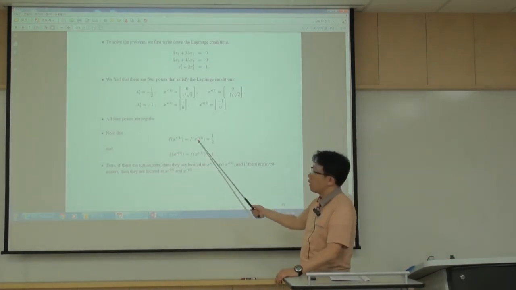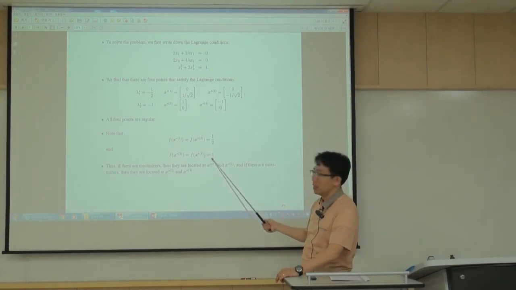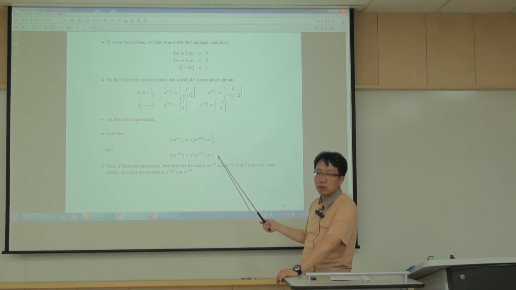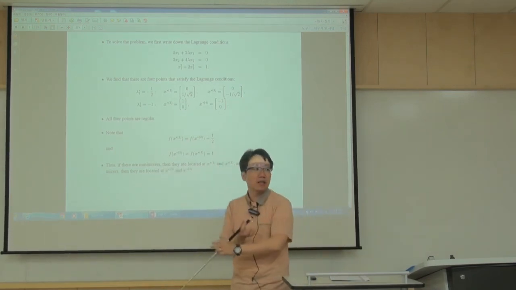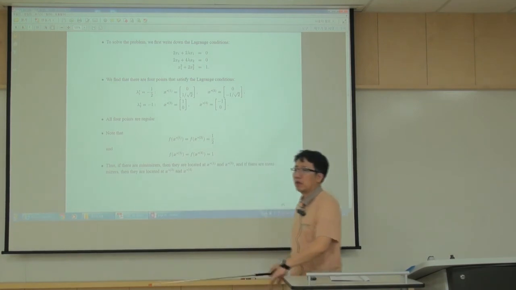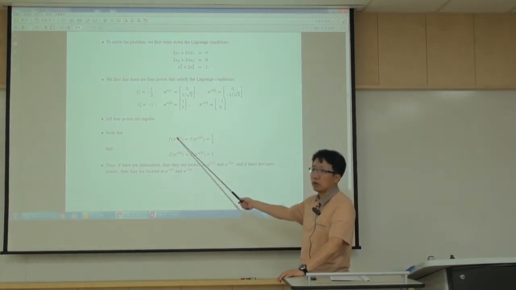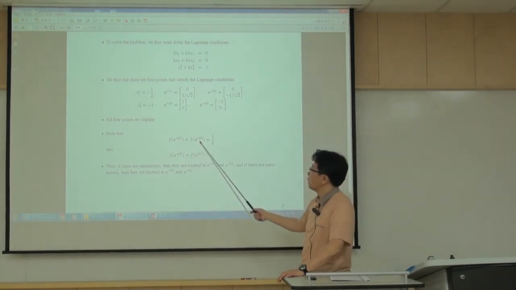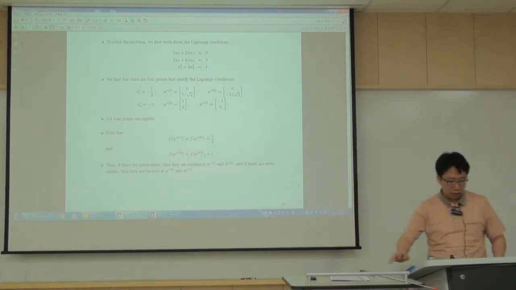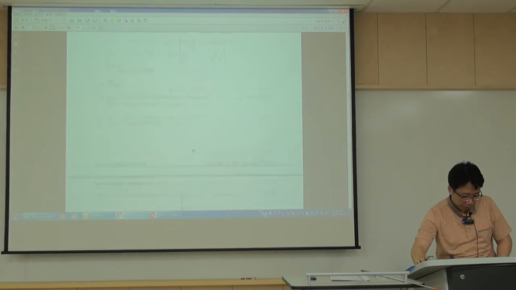Can it be maximizers? No, because this has a larger value. So you can combine the Weierstrass theorem and the Lagrange multiplier theorem to conclude that these are local, actually global in this case, minimizers, and these are global maximizers, given this QCQP problem.